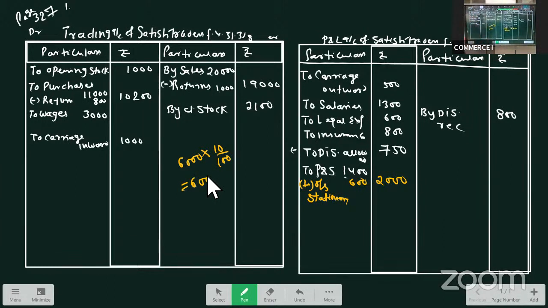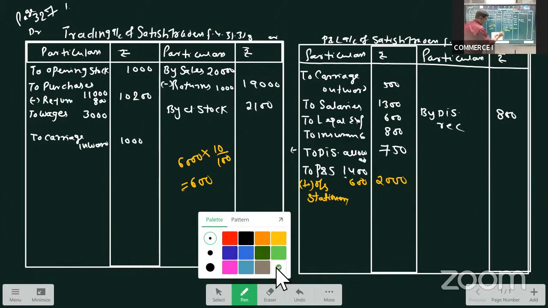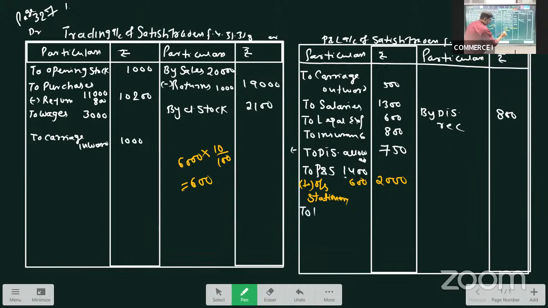This 600 we have to subtract from machinery, and also we have to show it as an expense in P&L account, depreciation on machinery. How much? 600, which we have calculated here. And then what is the second effect? We have to subtract it from machinery account.